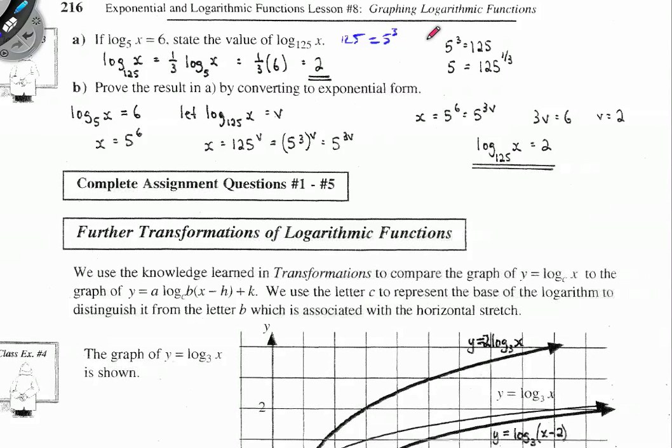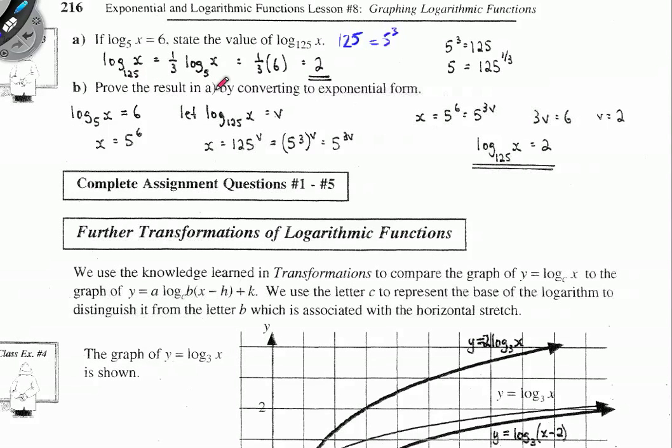So this 125 is really 5 to the 3. So we can write that then as 1/3 log x base 5. Well, we know that log x base 5 is actually 6, so it's really 1 third times 6, which is 2.